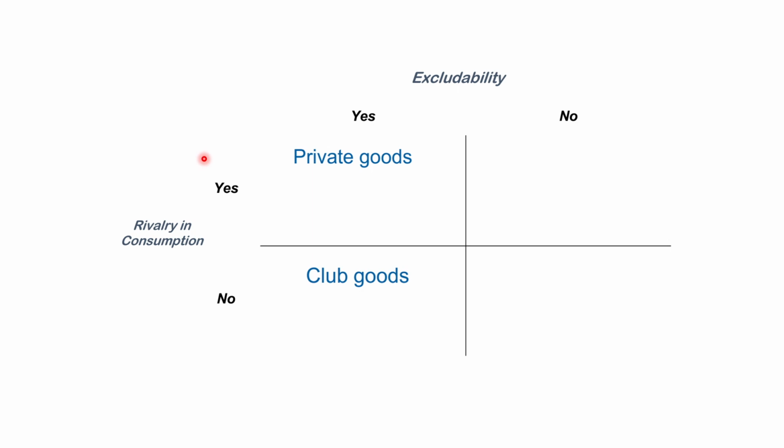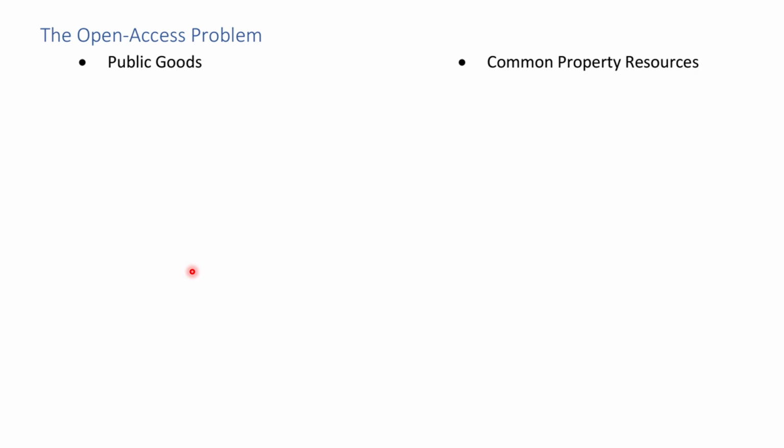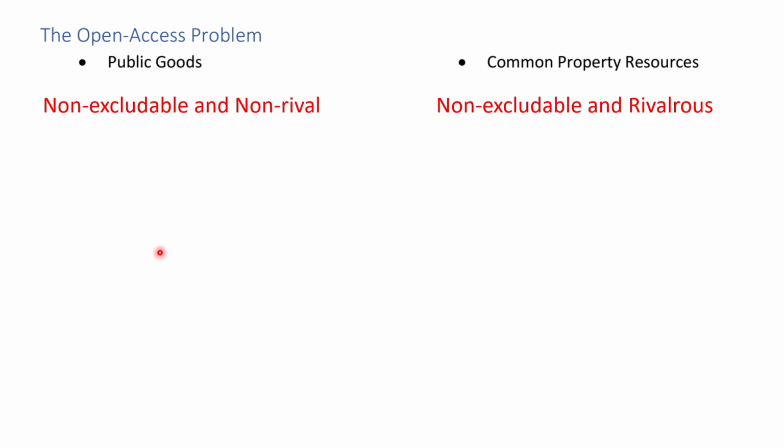The two non-excludable categories are common resources, which are non-excludable but rivalrous, versus public goods, which are non-excludable but not rivalrous. Now let's break these two down in detail. The only difference between a public good and a common resource is that one is non-rival and the other is rivalrous.